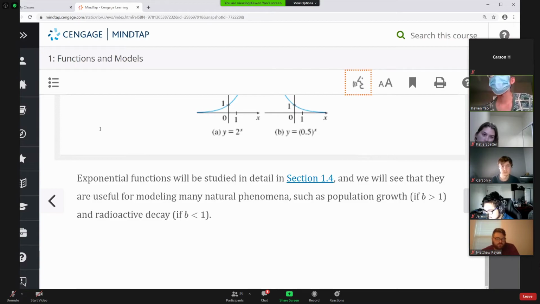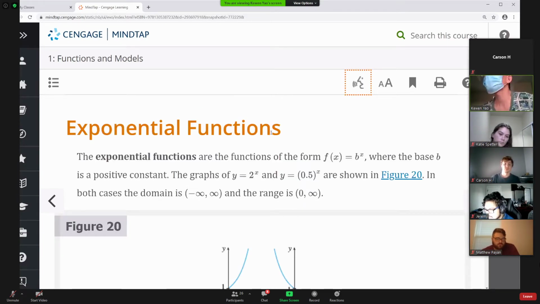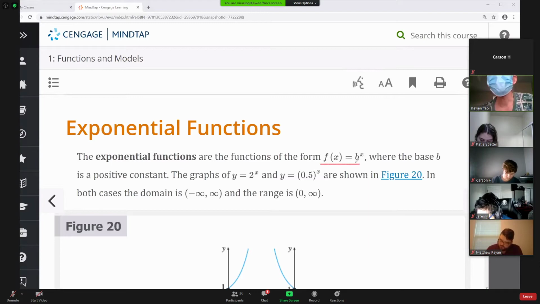What's this? This is exponential functions. Remember, this is the definition: f(x) is b to the x.